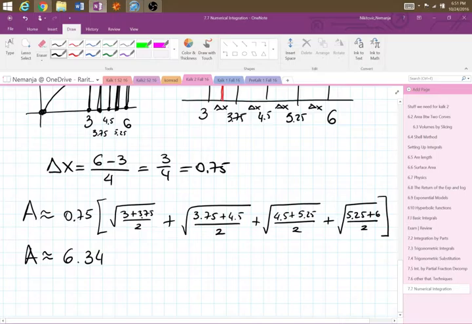Right. Let's see what the calculator is going to give us for this. We're going to quickly say 2/3, 2 divided by 3 times, open parenthesis, 6 raised to 1.5 minus 3 raised to 1.5, and error.